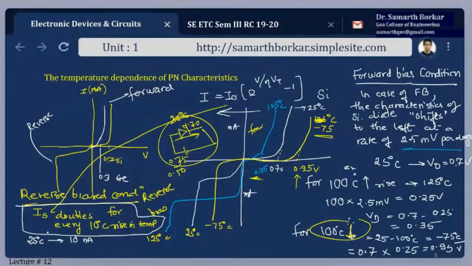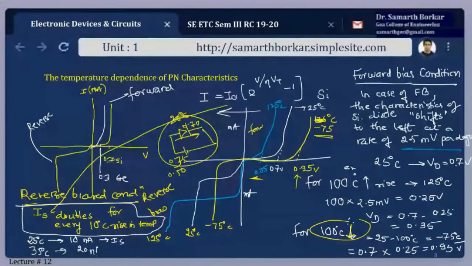Now at 35 degrees Celsius, IS is going to double for every 10 degree Celsius rise in temperature. From 25 degrees Celsius, I'm going to 35 degrees Celsius. So what will happen to this IS value? The reverse saturation current will double, 20 nanoamperes.